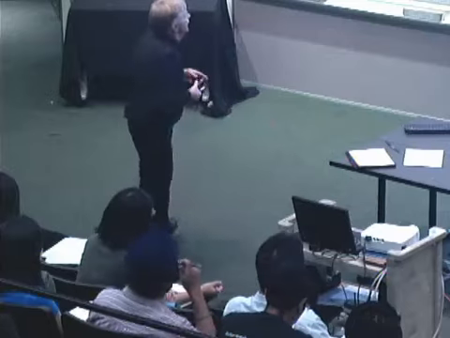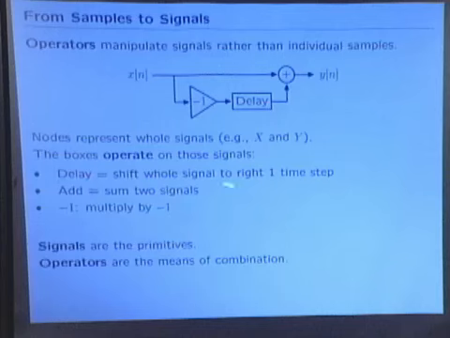In the notation that we will use, this will be the x signal. This will be the y signal. And we can reinterpret the block diagram to be operations on signals rather than operations on samples.